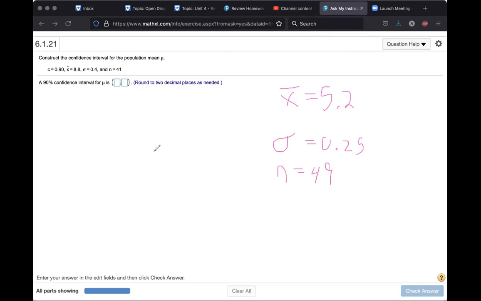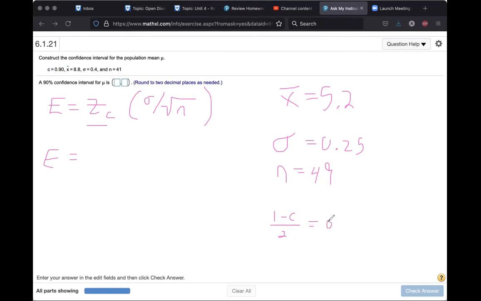Remember what we were trying to do is find the margin of error. The formula is Z critical times sigma over the square root of the sample size, n. The Z critical is found by the C value. Take 1 minus C, and remember, we do 1 minus C over 2, or 1/2 times that.